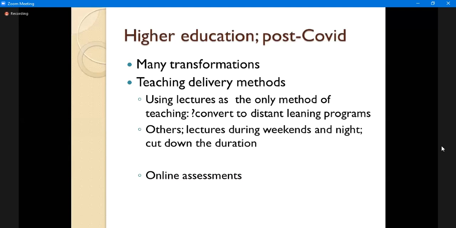One of the senior academics from the Colombo Medical Faculty was talking to me a few days ago, and he was also of the opinion that you should cut down and get the students out of the training program as early as possible. His view is that you can easily cut it down to 4 years or something like that, and necessary changes in the Sri Lankan Medical Council and other places should take place. In fact, online assessment is going to take place. I think certain universities are already doing that.